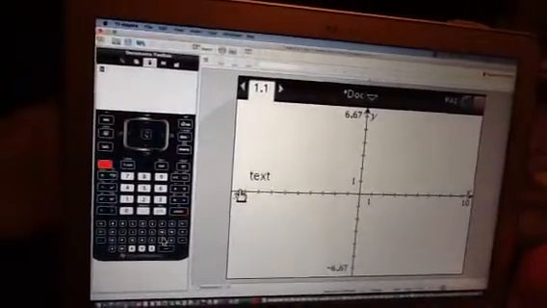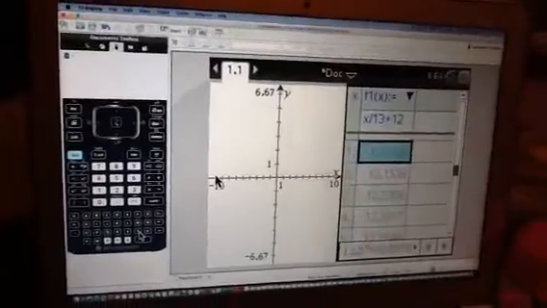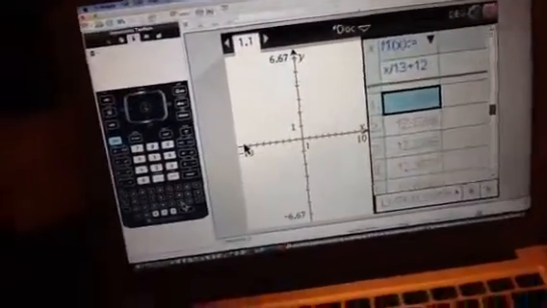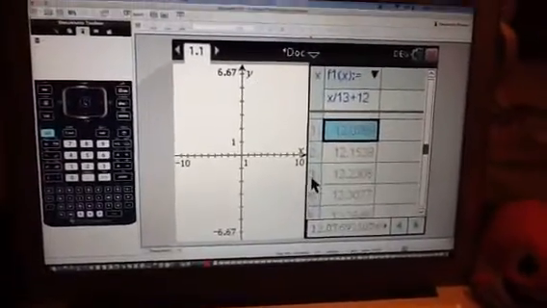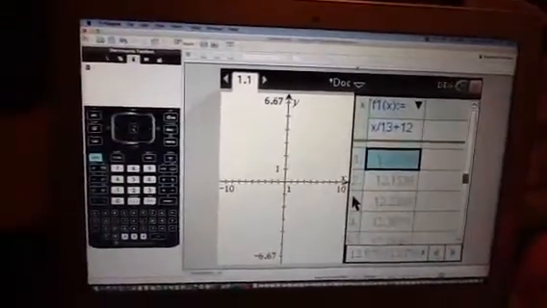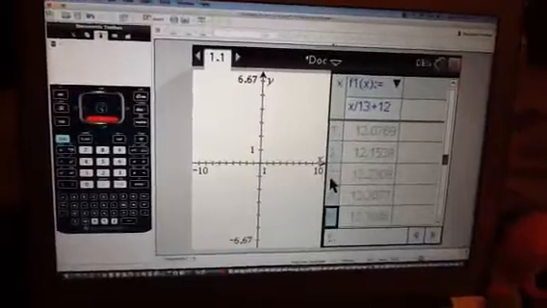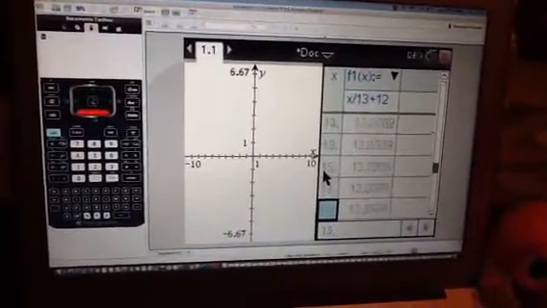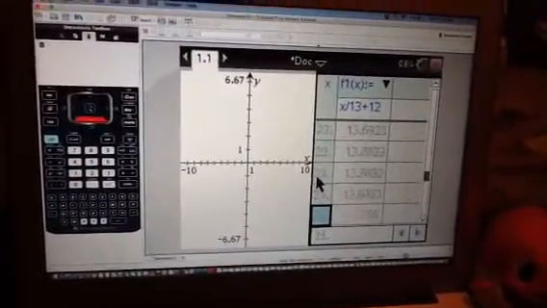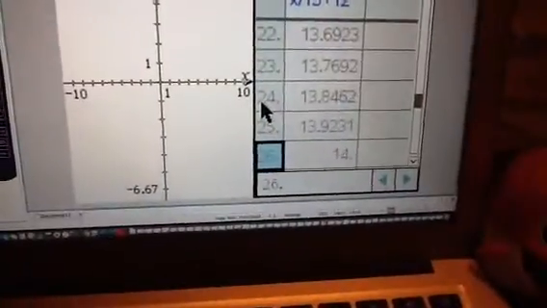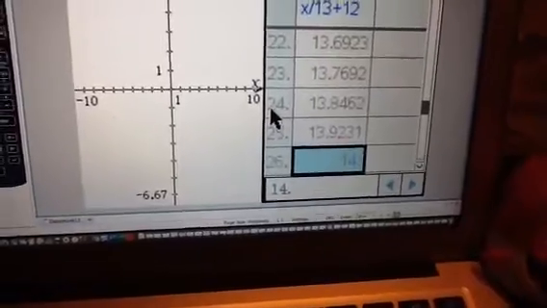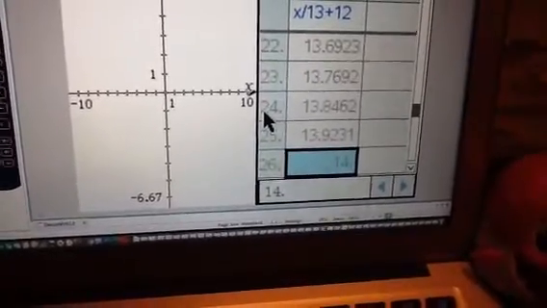So Control T. And now I have to look for when x is 26. Okay. So I'm going to scroll around here. I'm going to go down to 26. And if I look right here, when x is 26, the answer is 14.